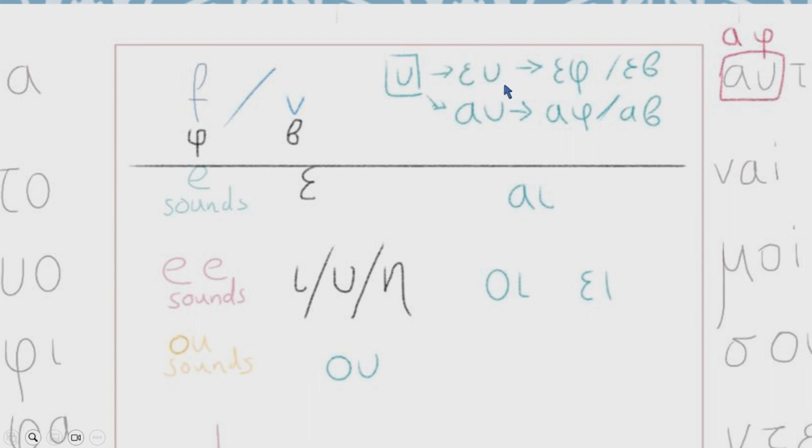It's F or EV, and that depends on the word. So that's only one thing that you need to know the word for, to know if it's F or EV. Same goes with alpha. If alpha is before an epsilon, it's not AE, it's AF or AV.